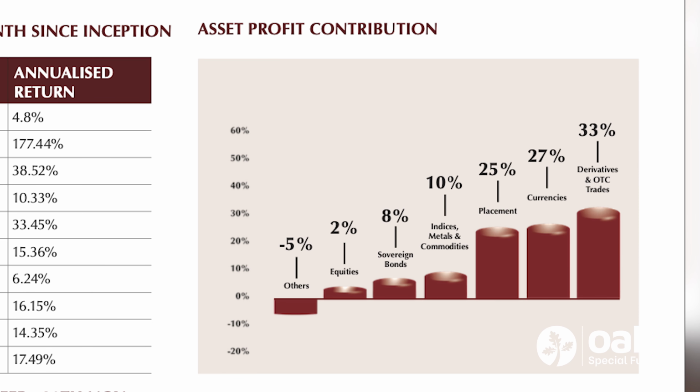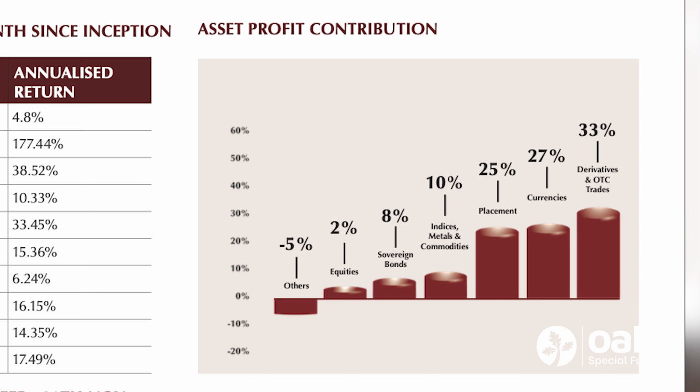Moving on to the second asset class, which is equities. We've not been very aggressive on it as we are looking at the recovery of the local market, but we've been able to make good money. Let me ask, when you show 2%, for example, in equities, or 10% where indices and metals are concerned, what does that mean?